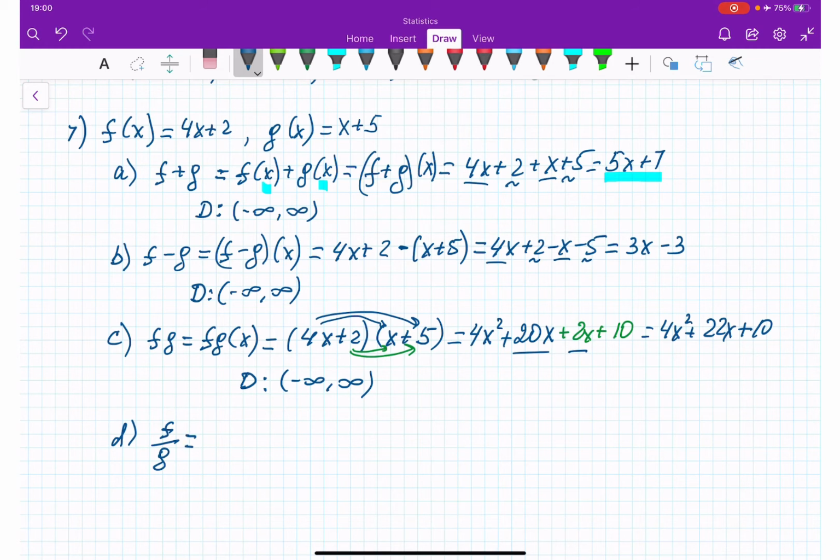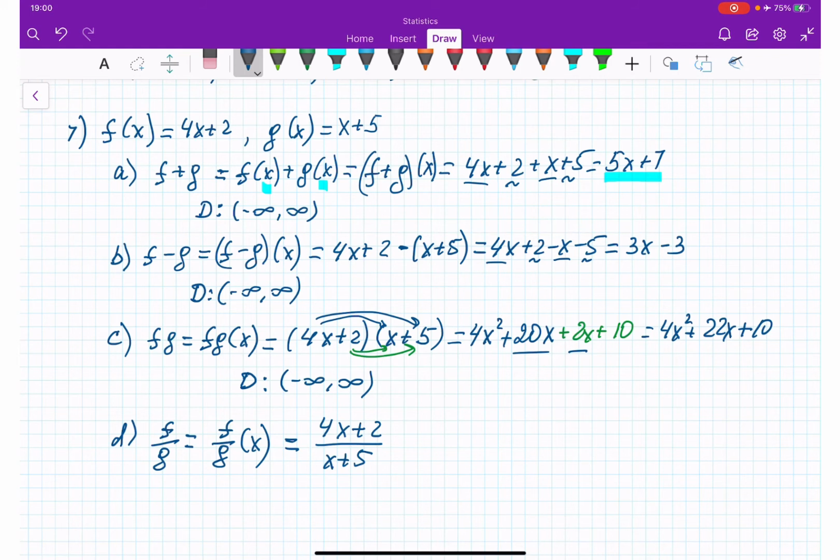So again, f over g of x: my f is 4x plus 2 and g of x is x plus 5. Can I do any simplification? No, I can't. But it's going to affect my domain.